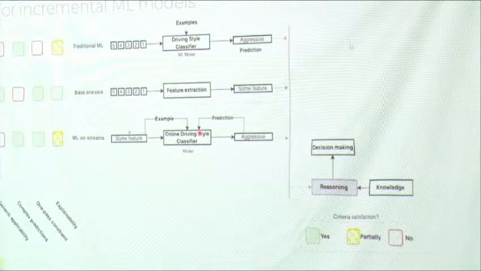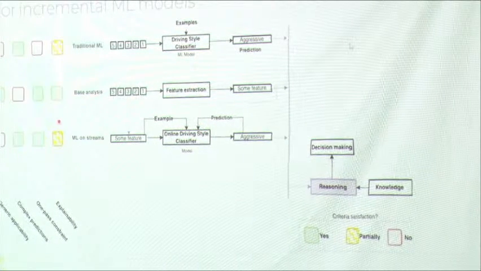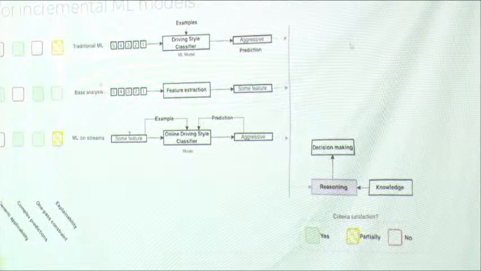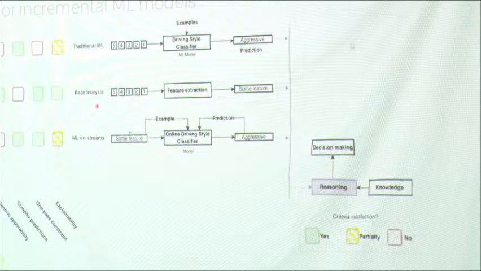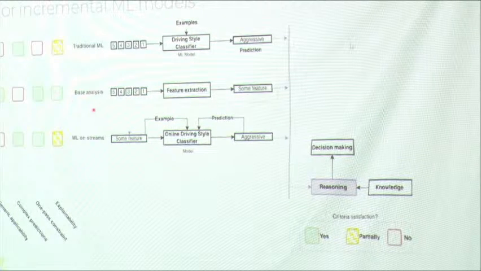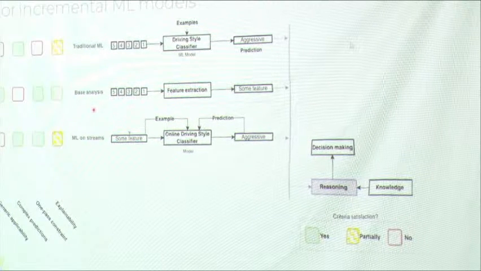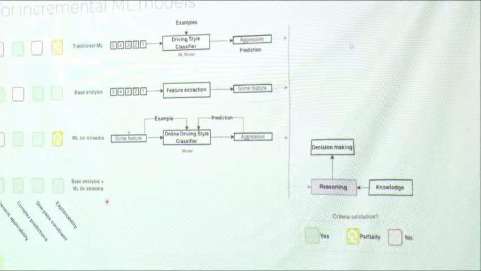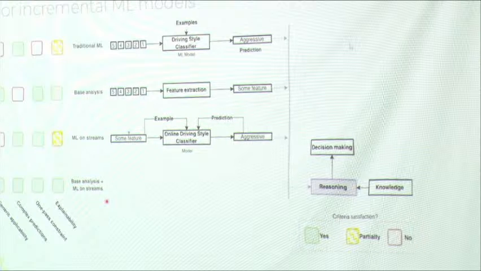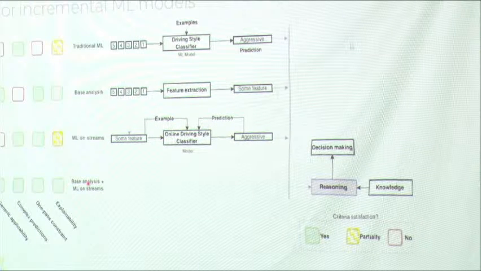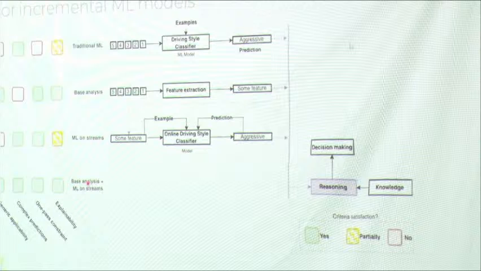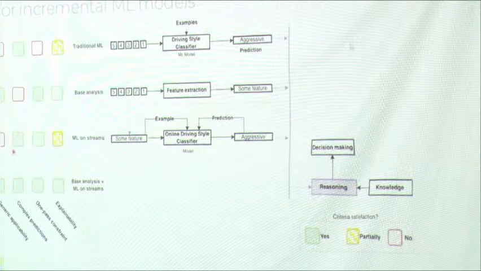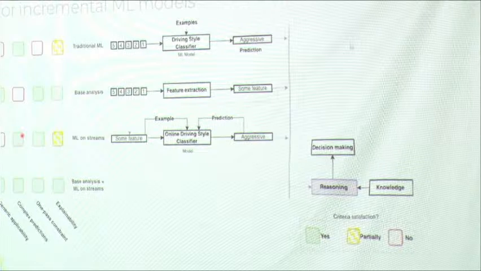And the third basically is a combination. That's the idea that I'm coming with this paper, is combining the base analysis that I have for another process that is semantic data with the more complex tasks, and the idea is basically to have the explainability of a basic analysis that you are gaining from here, but also to be able to cope with complex predictions that you gain with these machine learning on streams.